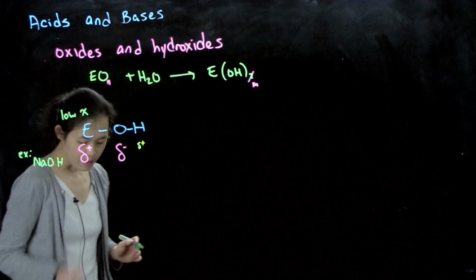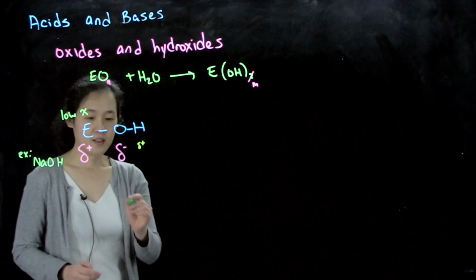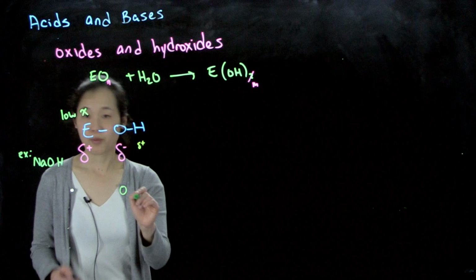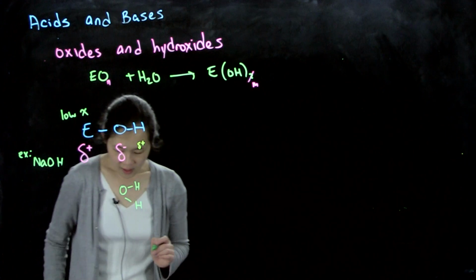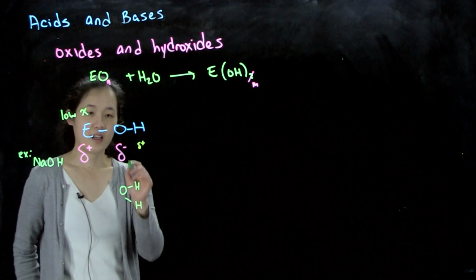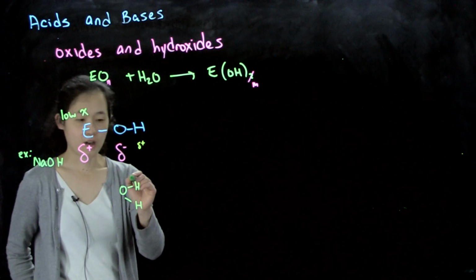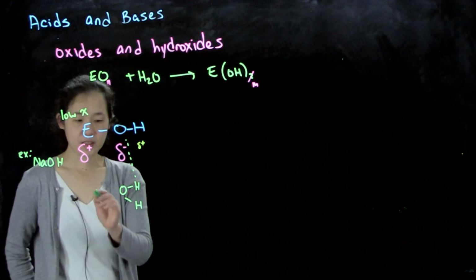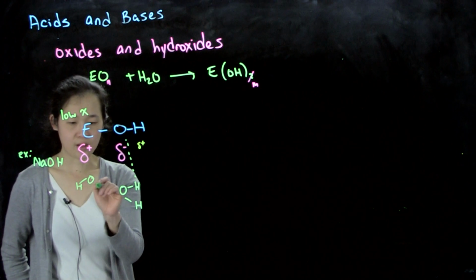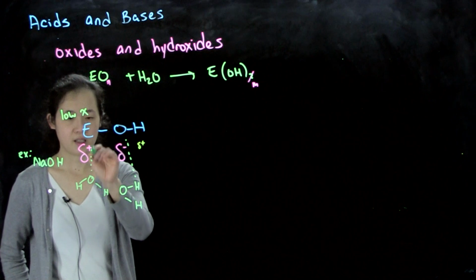And as a result, when water comes in, so here's my water molecule as we put it in solution, water's going to try to come in and associate with the biggest positive charge. So here we could have it going to this oxygen, and then we could also have water coming into this element.